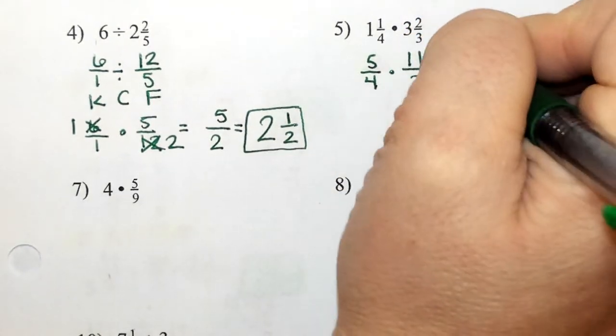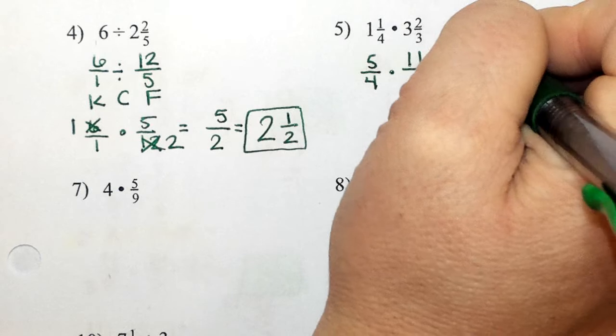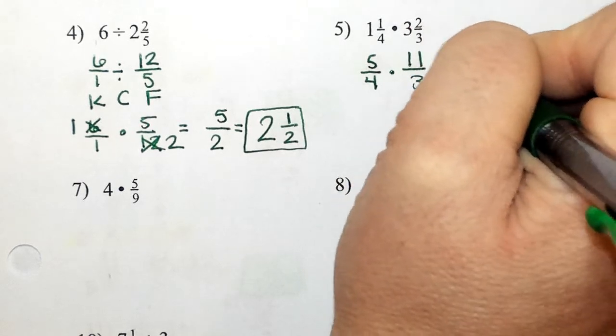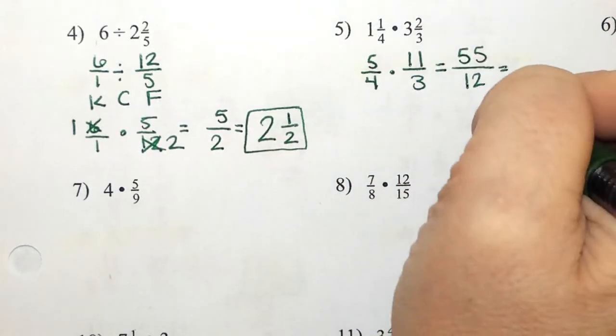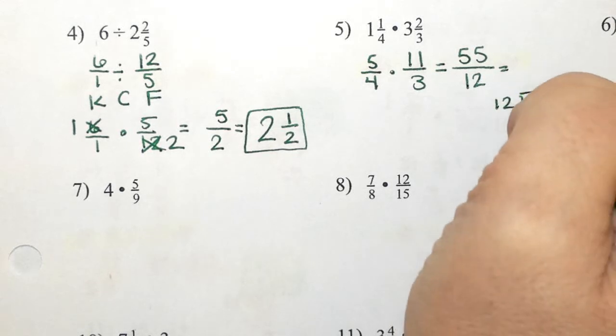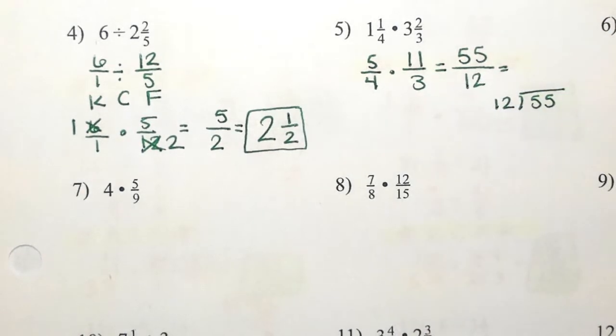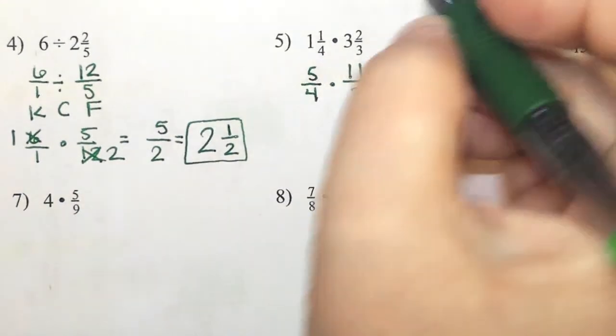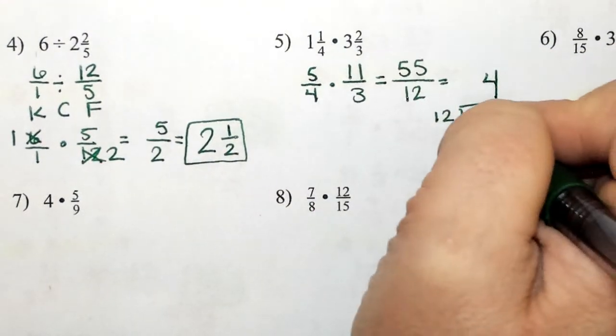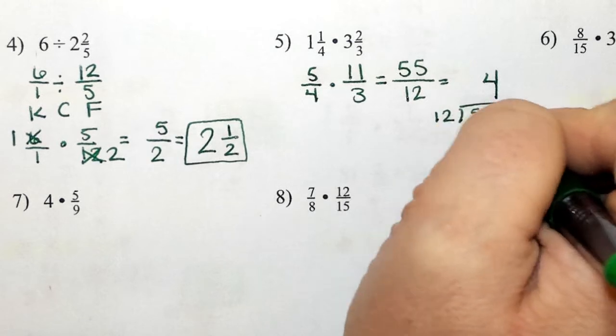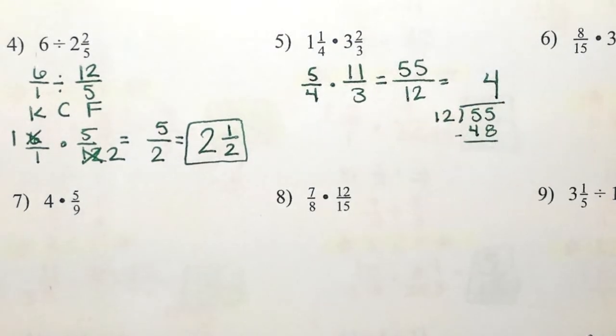So on the top, 5 times 11 is? 55. On the bottom, 12. All right. So this one, I'm going to write out my math to do my division. I know how many times 12 will go into 55. How many is that going to give me? 4. And 4 times 12 is? 48. Some of us are really good at subtraction in our head.